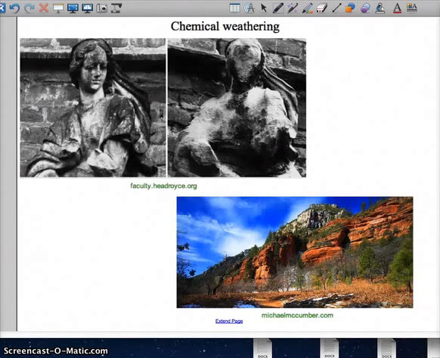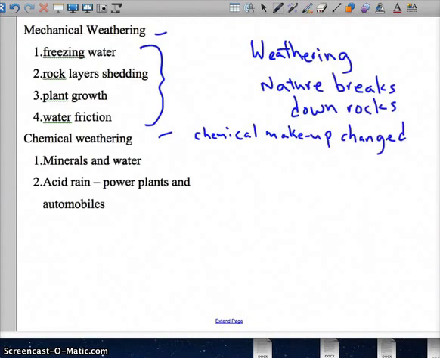At the top you can see an example of acid rain. Well, I suppose I should go back to this original picture and explain a little more before I get there. An example of chemical weathering would be a rusty nail. You have oxygen and water that react with iron to form rust. It's actually changing its chemical composition.